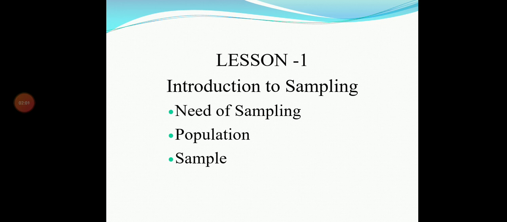The introduction to sampling mainly depends on the need of sampling and two more definitions, population and sample. In this topic, we mainly concentrate on what is the need of sampling based on two particular definitions, population and sample.